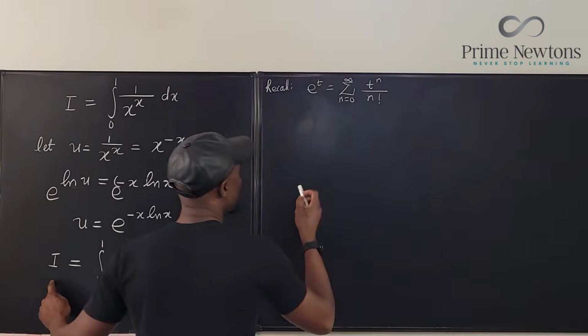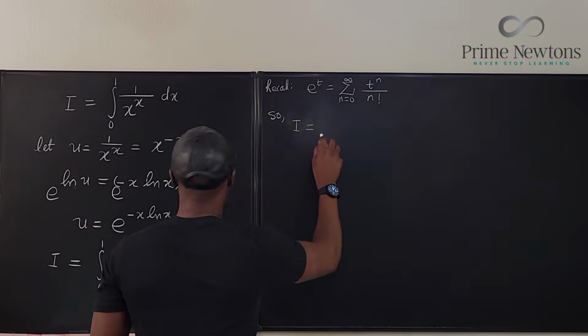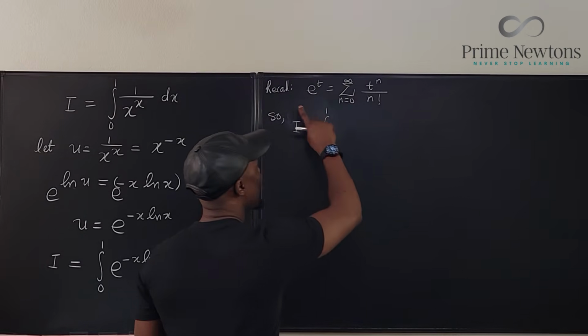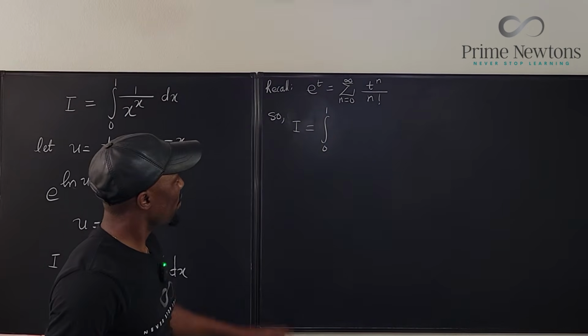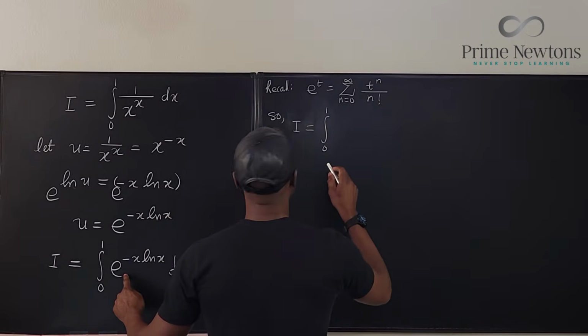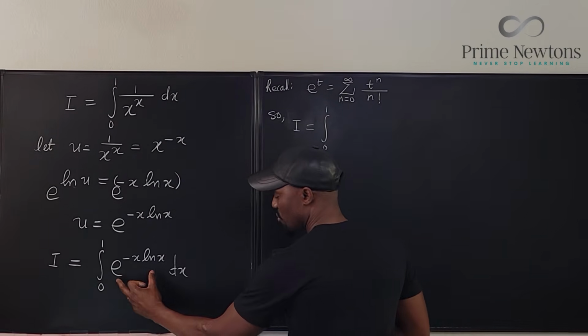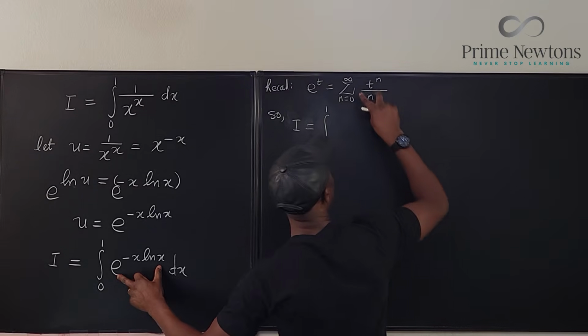So we can say I is equal to the integral from 0 to 1 of what we have here, which is going to be, so instead of us writing this, I'm going to write this sum.